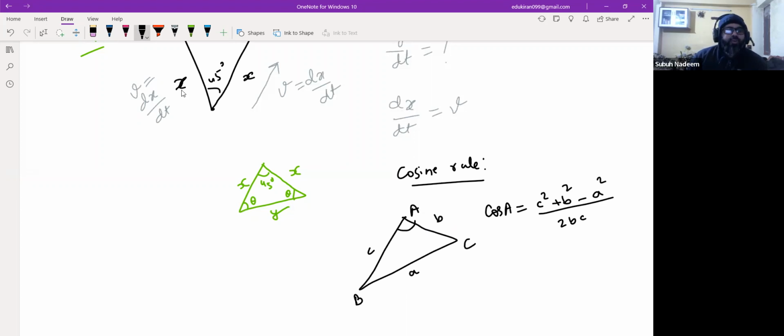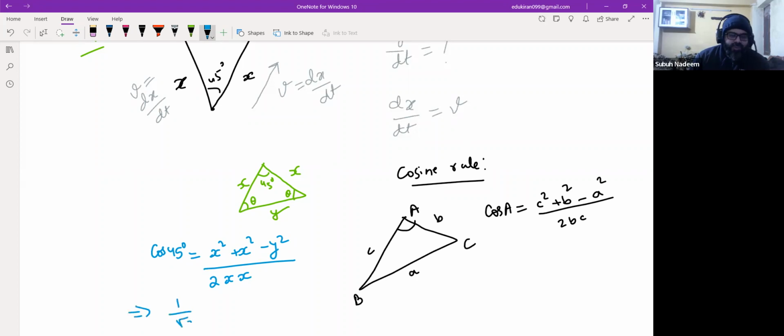Now this cosine rule, when applied here, gives cos of 45 degrees equals x square plus x square minus y square by 2 times x into x. So what is cos 45 degrees? It is 1 by square root of 2.